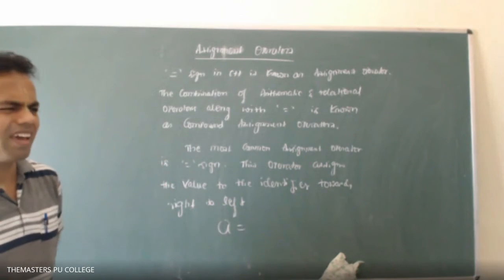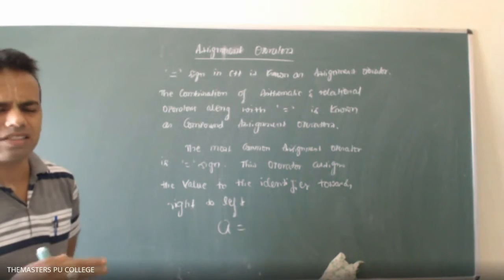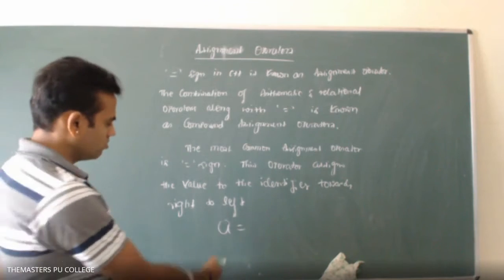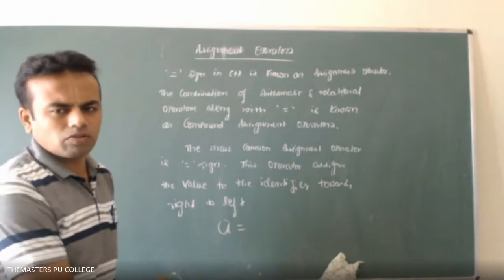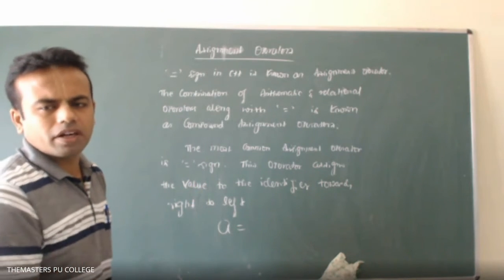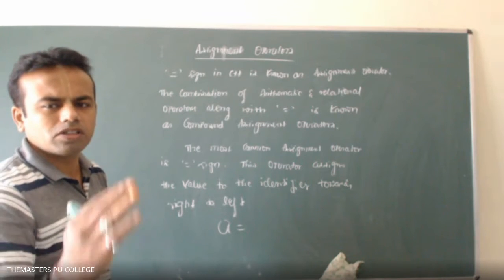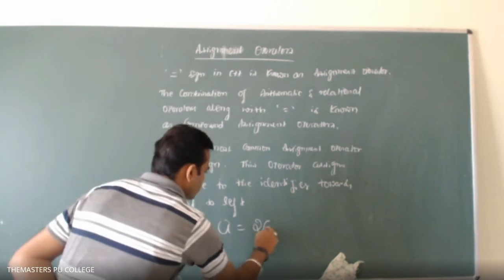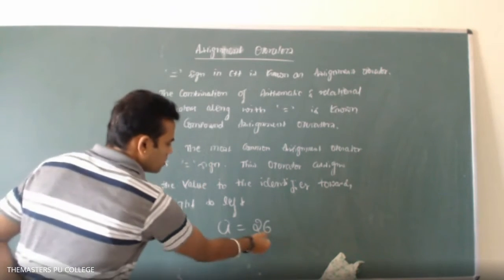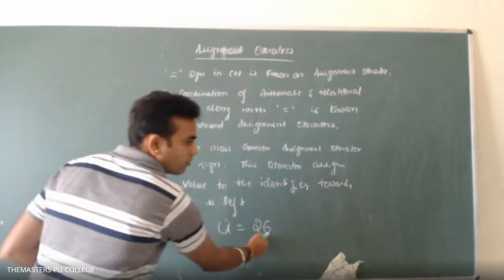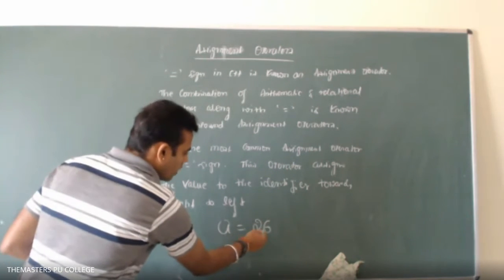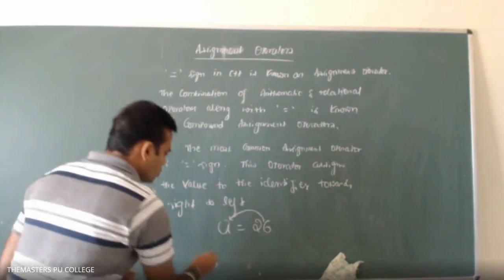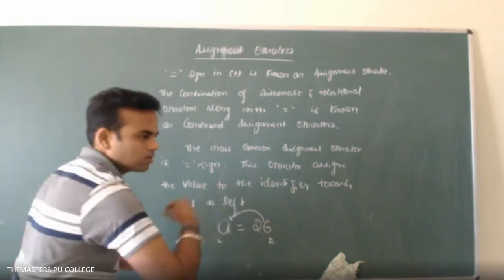The a can be upper case, lower case, sentence case, toggle case, whatever you take. You assign a value, which may be a positive integer, a negative integer, a decimal integer constant or a hexadecimal one, whatever. Okay, 26. What is this side? The right side. So where is it assigning? Right to left.